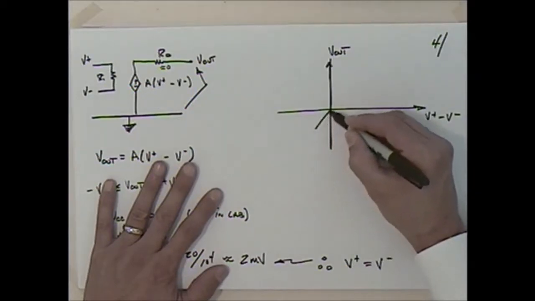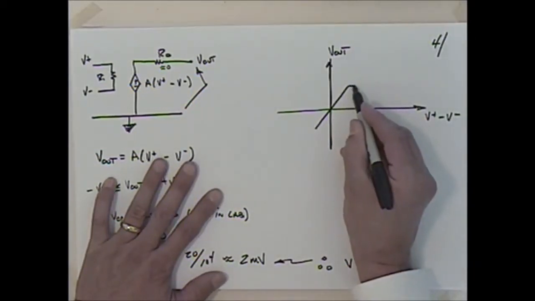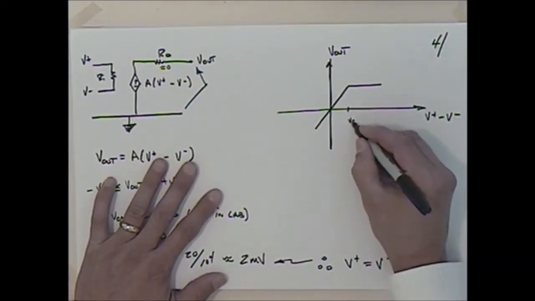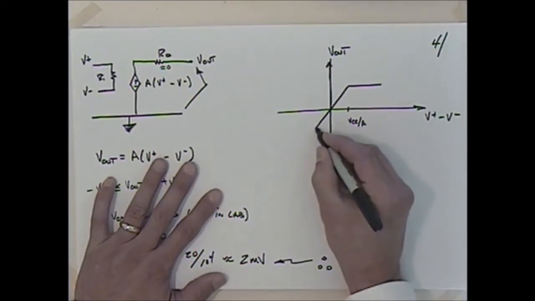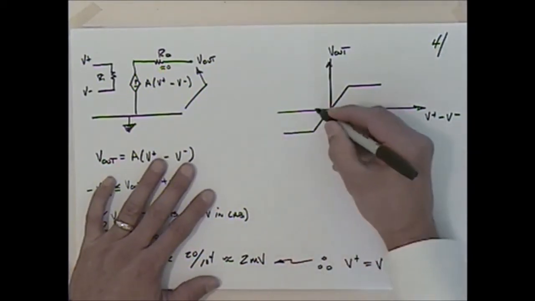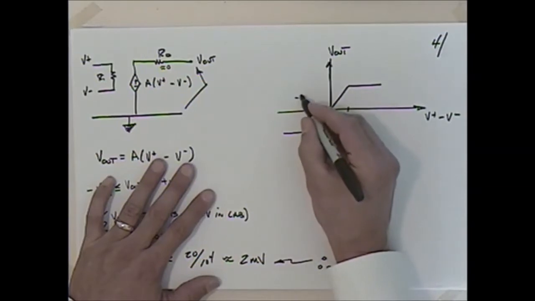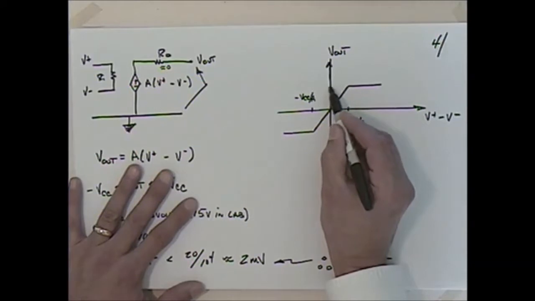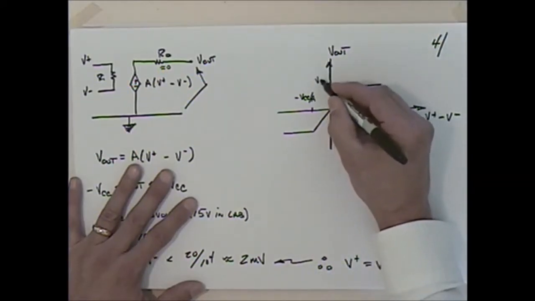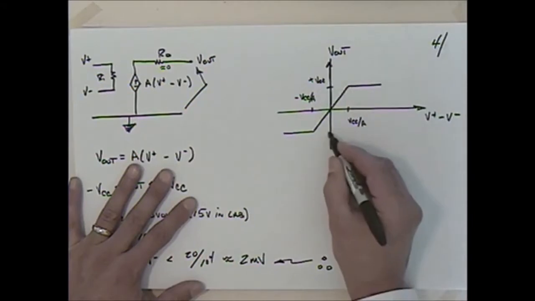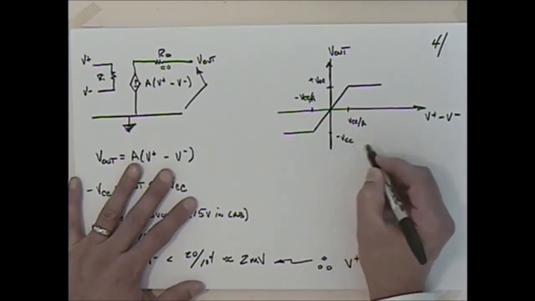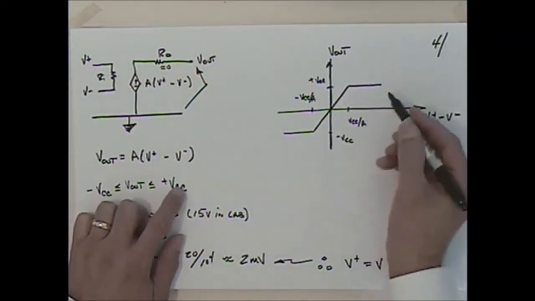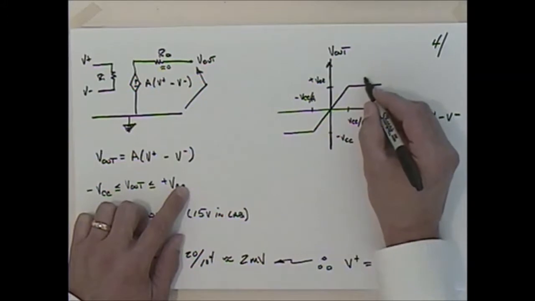It's going to have this region here, this linear region, and then it's going to turn and go like this, and that's going to happen at VCC over A, and it's going to do the same thing over here at minus VCC over A. And this is going to happen here at whatever our VCC is. Positive VCC, here minus VCC. Positive 15, minus 15, positive 20, minus 15, whatever that is. And this region here we're going to call positive saturation.